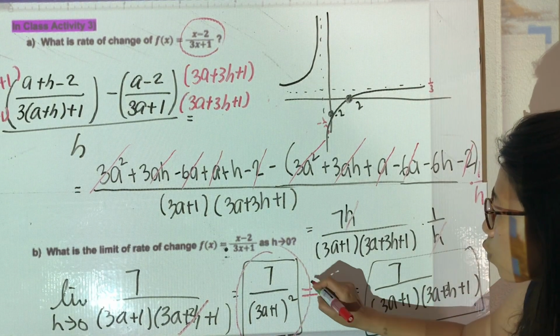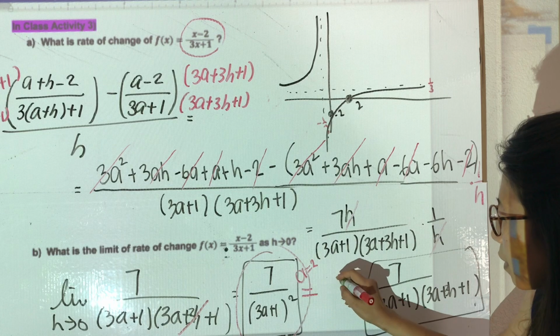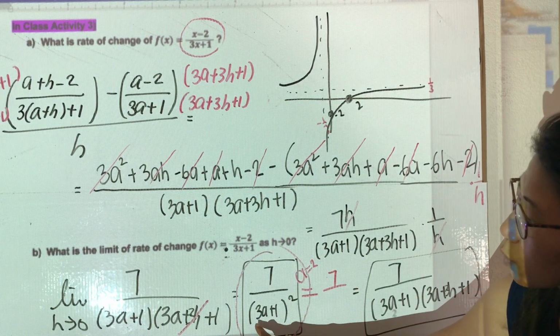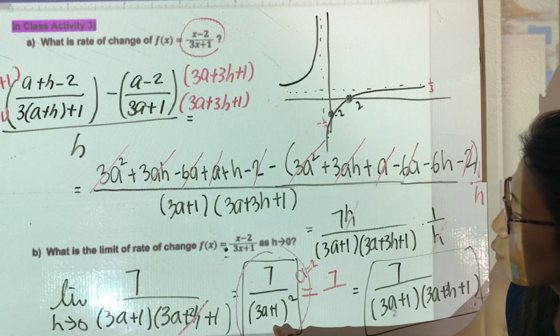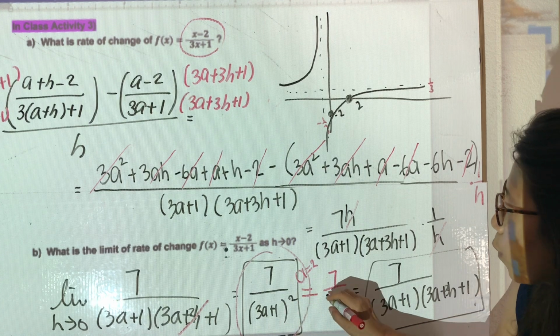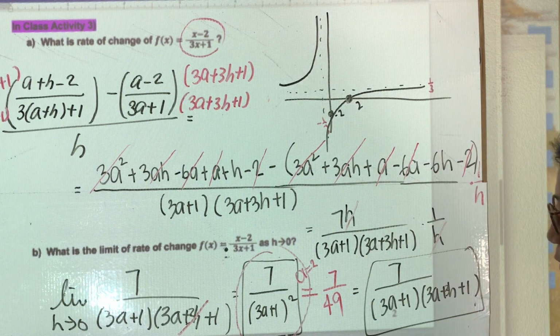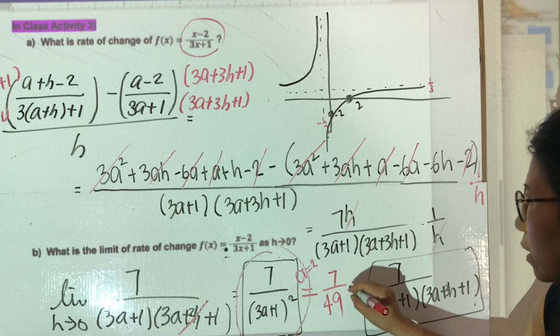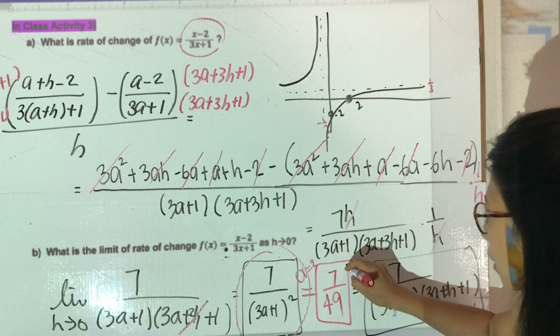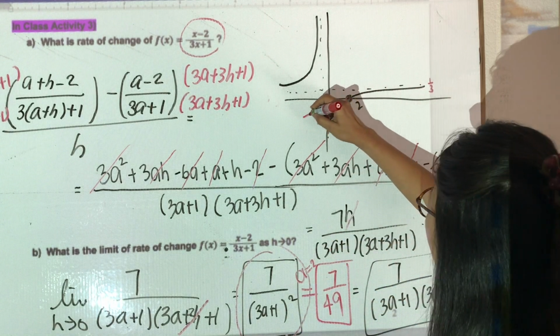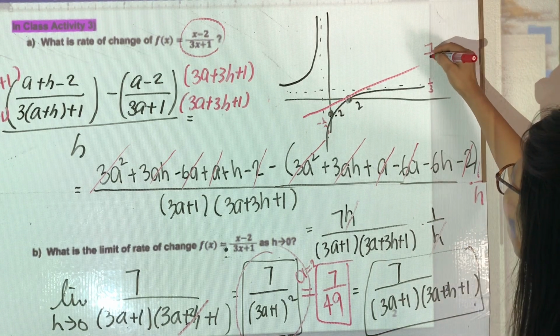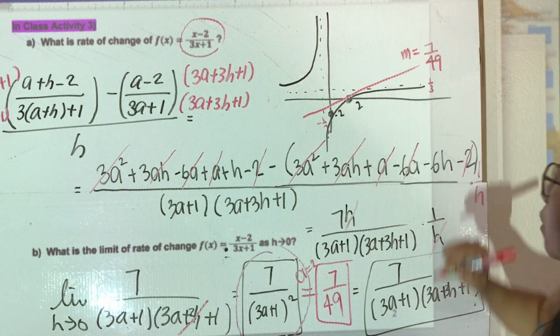If I plug in 2 as a, then I get 7 over 2 times 3 is 6 plus 1 is 7 squared, 49. Okay, double check. 6 plus 1, 7 squared, 49. Then what does this mean? At 2, this slope is 7 over 49. That's what they're saying.